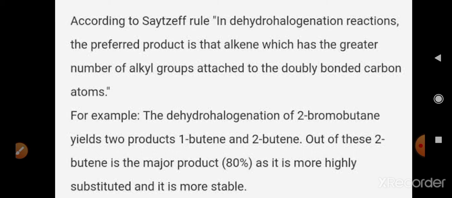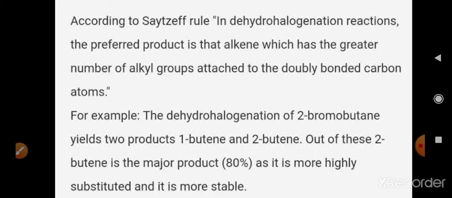I already told you the rule. In a dehydrohalogenation reaction, the product obtained, that is the alkene, will be the major product if it has a greater number of alkyl groups attached to the doubly bonded carbon atoms.